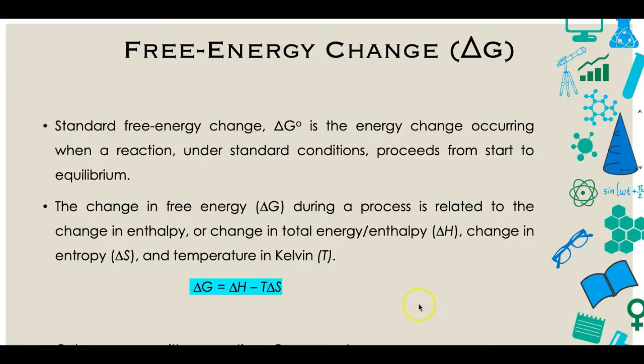The standard free energy change is the energy change occurring when a reaction under standard conditions proceeds from start to equilibrium. The change in free energy during a process is related to the change in enthalpy, or change in total energy, change in entropy, and temperature in Kelvin.